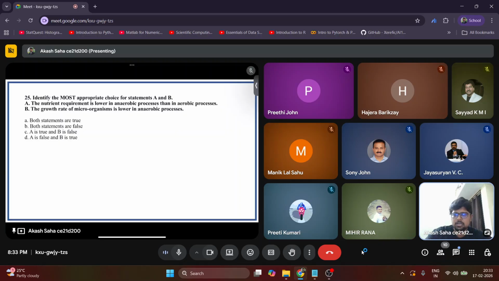Are both the statements false? Please look into it again. Actually, when we compare the anaerobic and aerobic processes, the amount of biomass or microbes produced is much higher in the aerobic process, because the energy generation is more, so much higher growth will be there in aerobic.